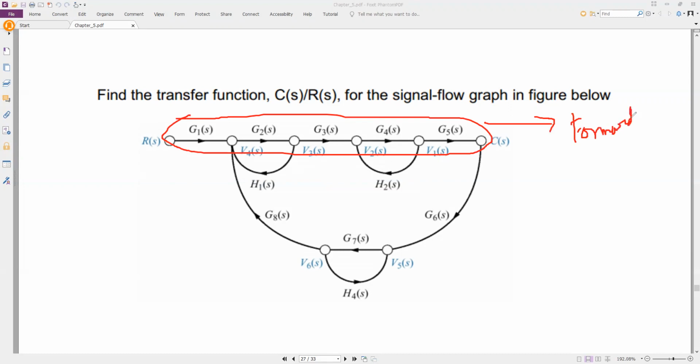And these are loop 1, loop 2, loop 3, loop 4. So 4 loops are there. All loops are touching. There are no non-touching loops.